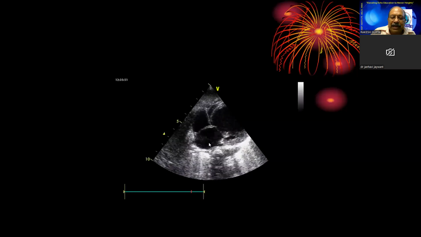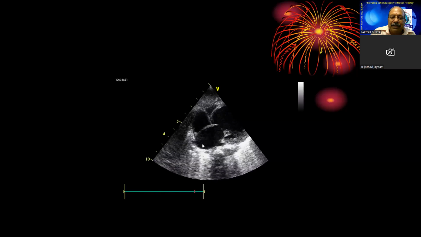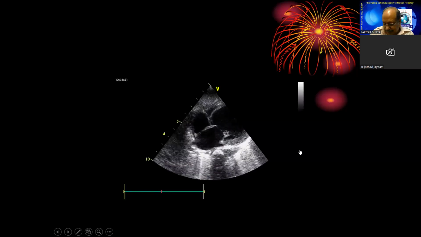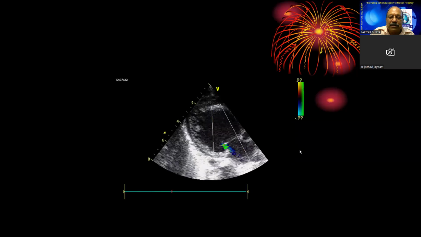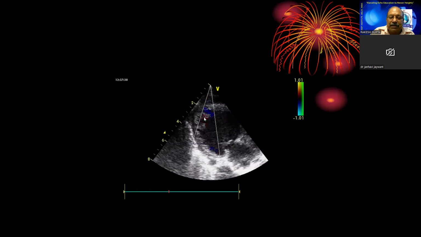Now look at the presentation of this child: LV, LA, RA, RV. There is predominantly dilated LV and dilated LA. Majority of these kids do not live for a longer duration. They have severe mitral regurgitation. And look at the apical segments. They are all non-compacted. Look at the hypertrabeculated apical segments.